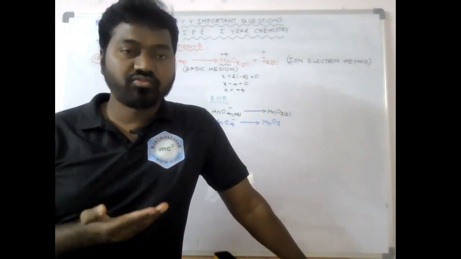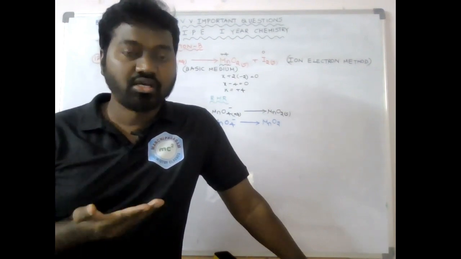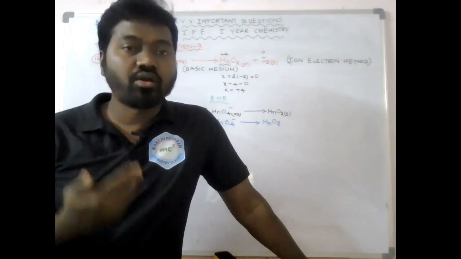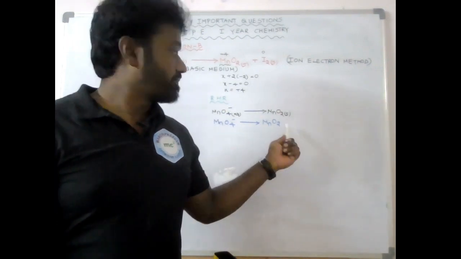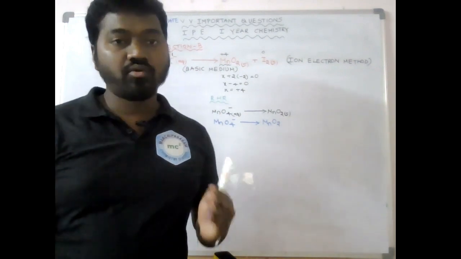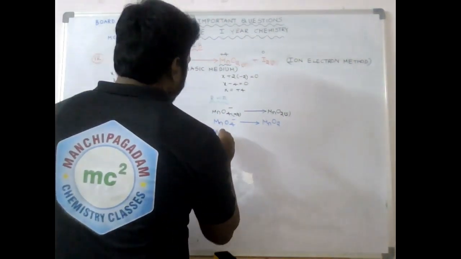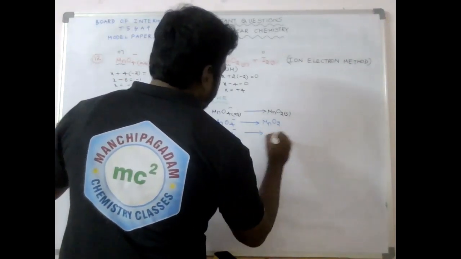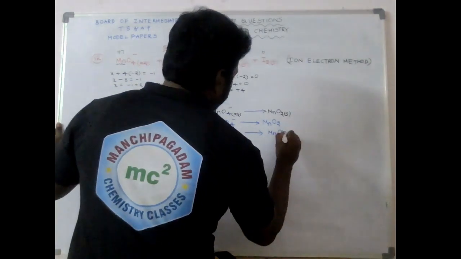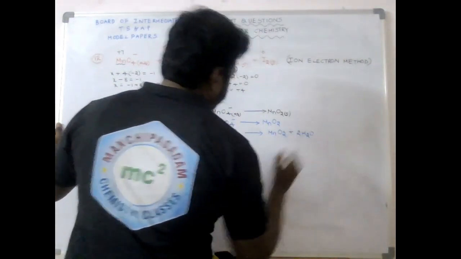For example, 2 oxygen deficiency means 2 water molecules. So we have a deficiency of 2 oxygens, that is why we have to add 2 water molecules at the right side of this reduction reaction: MnO2 plus 2 water molecules.